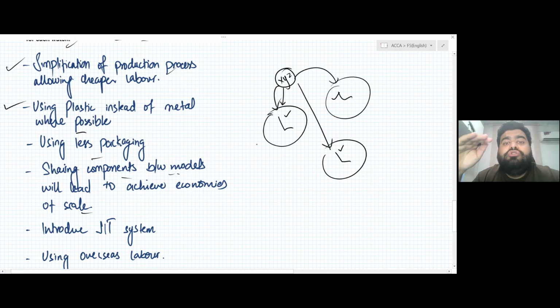It will reduce your cost. But if you are making them separately, you have to arrange the setup again and again, inspection again and again. The fixed cost will be incurred, so that will increase the cost. So sharing components between models will lead to a decrease in the unit cost. Obviously, to achieve economies of scale means basically your fixed cost per unit will reduce.